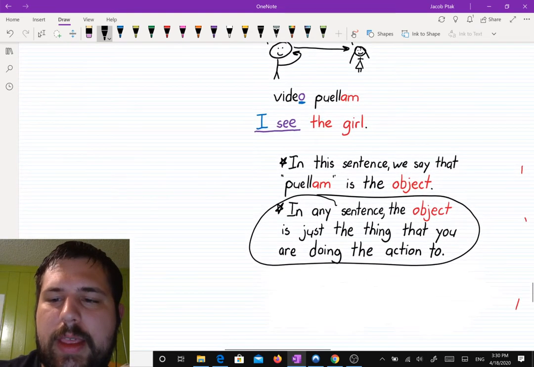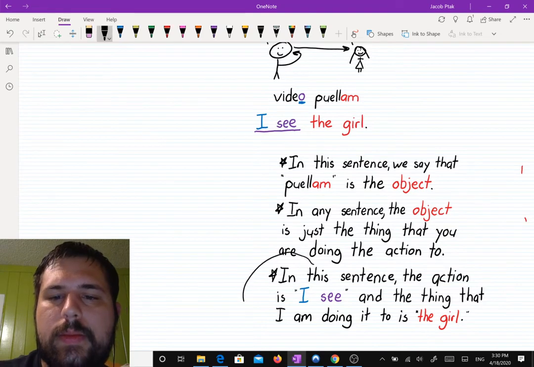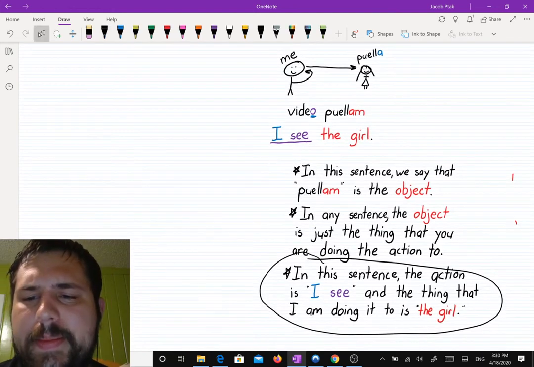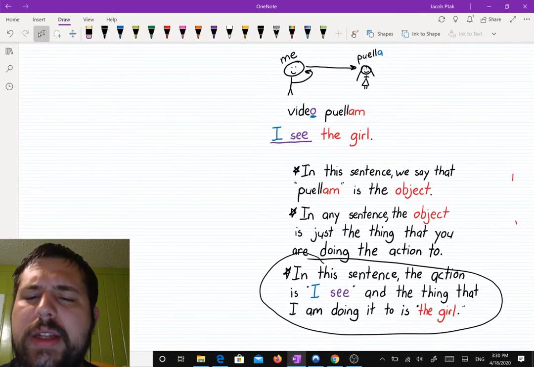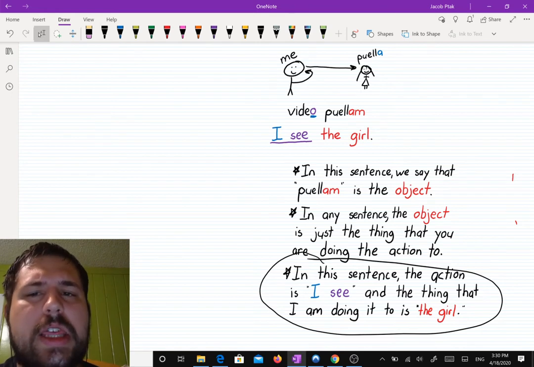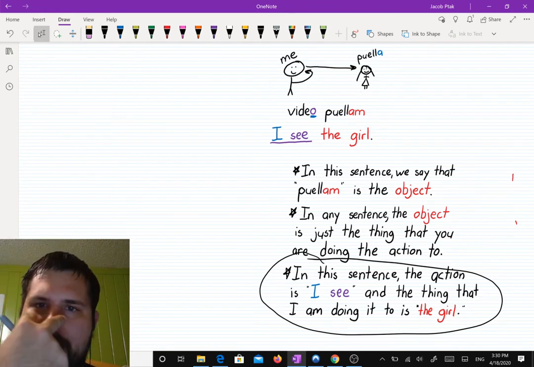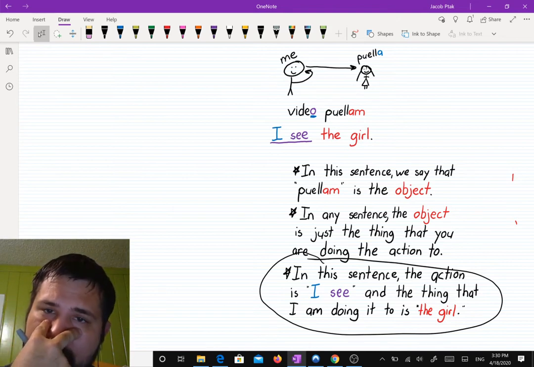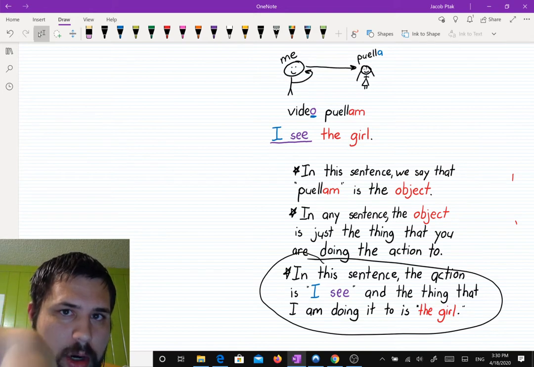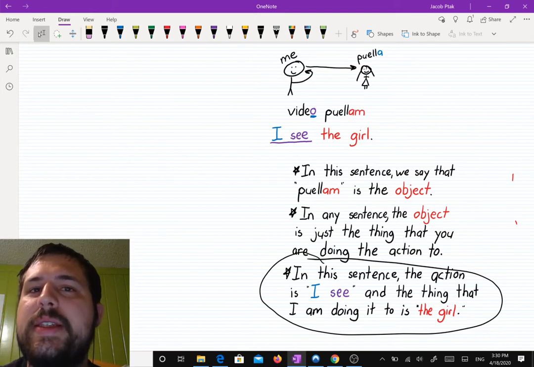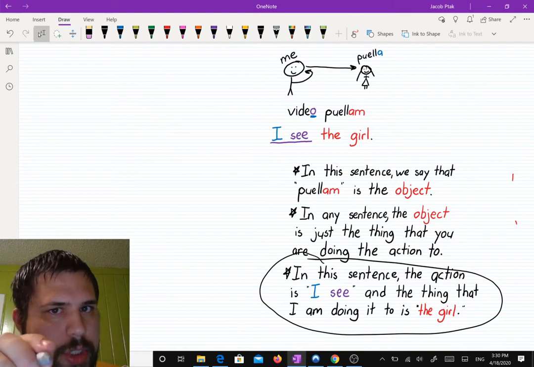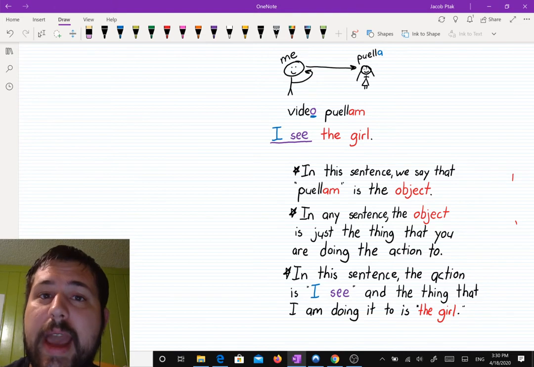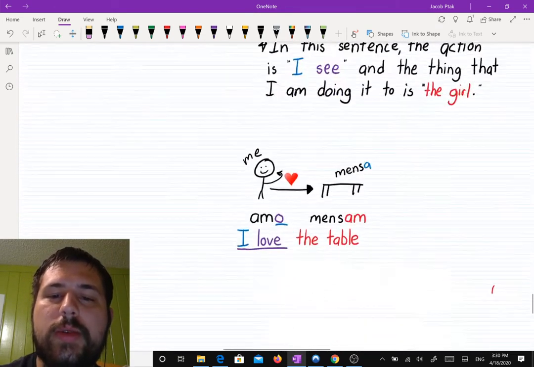So, in this sentence, the action is I see, and the thing that I am doing it to is the girl. I see the girl. Action, I see. Object, the girl. The object is simply the thing that you do the action to. And the subject is the thing that does the action. Now let's go down to another example.